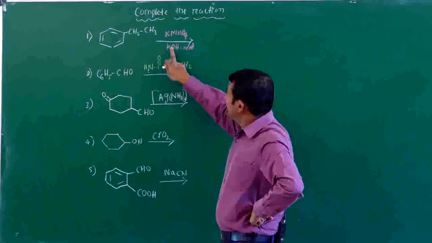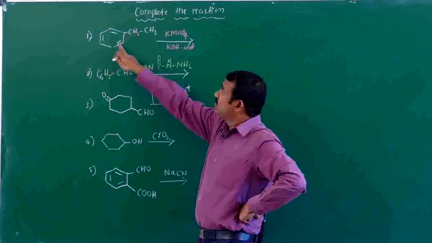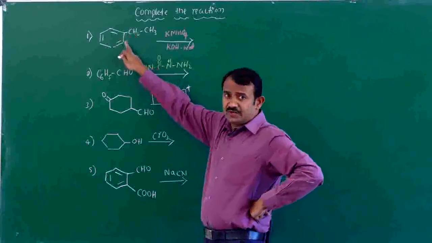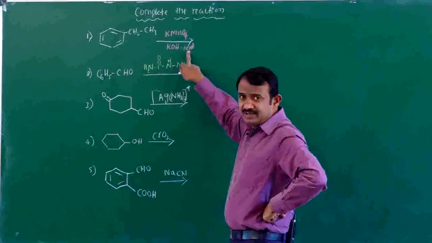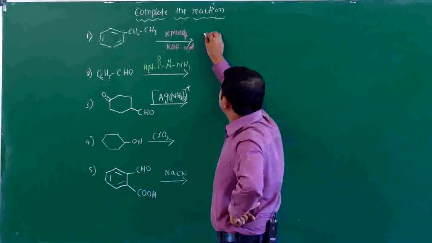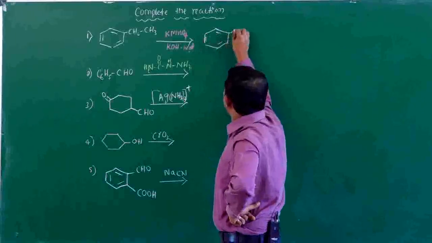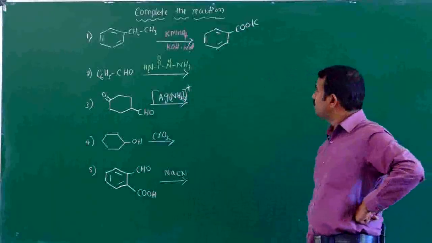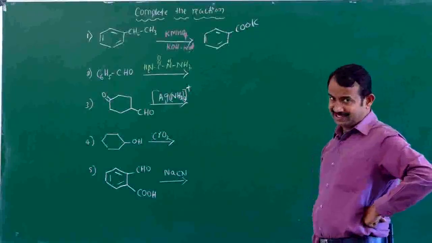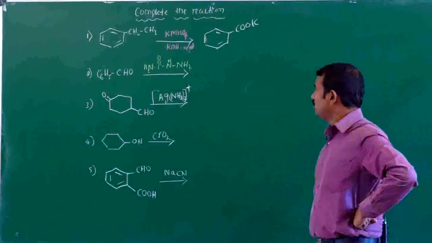When potassium permanganate and potassium hydroxide react, we get the potassium salt of benzoic acid, which with water forms COOK, the potassium salt of benzoic acid. It further reacts with hydrolysis, and you will get benzoic acid.